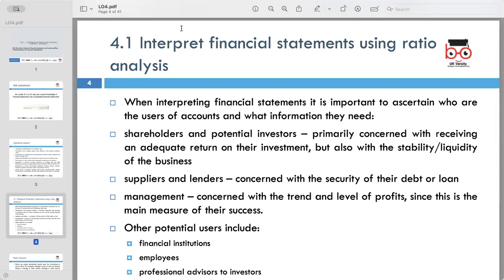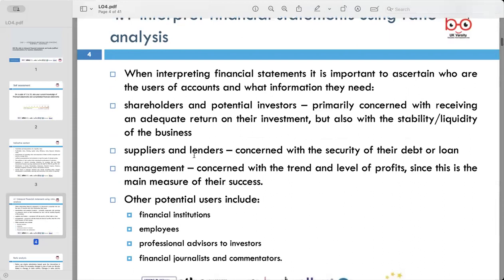But also keep in mind that financial statements are not only scrutinized by these key stakeholders but also by other potential users, including financial institutions, employees, professional advisors, for example financial advisors or investment advisors, financial journalists, and commentators.